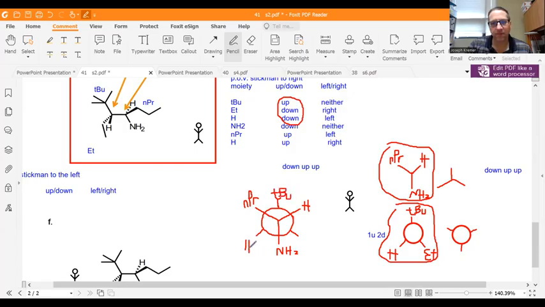Hydrogen, ethyl. And that is what this stick person is seeing by looking down the molecule's axis, along the line of sight from the pencil here. Looking down the molecule's axis, that's what the stick person's point of view is presenting to their eyes.